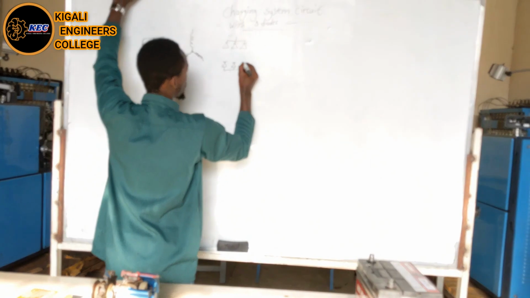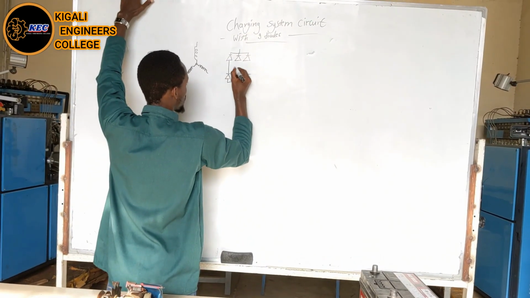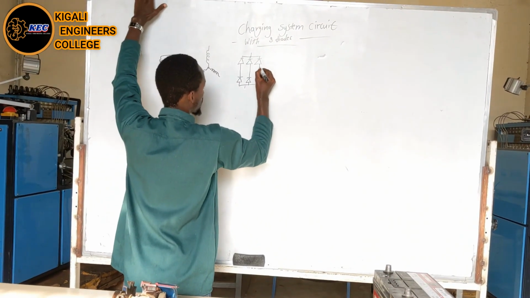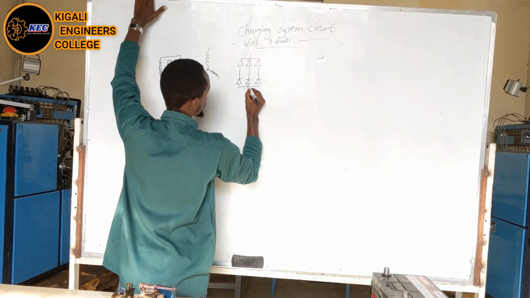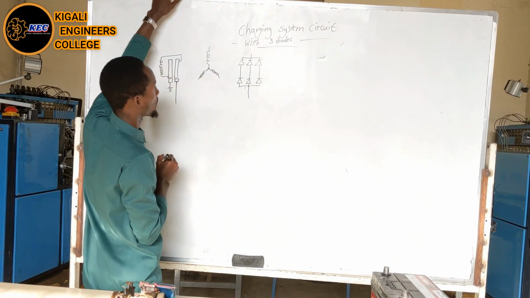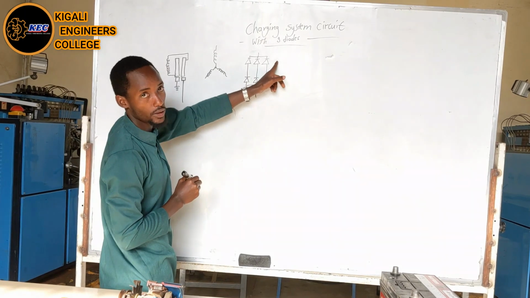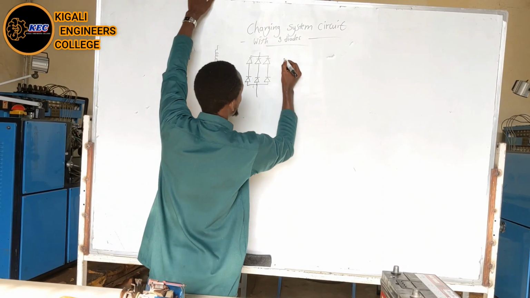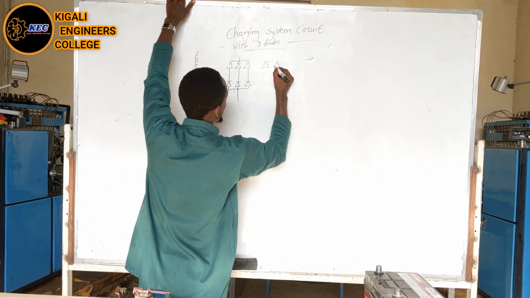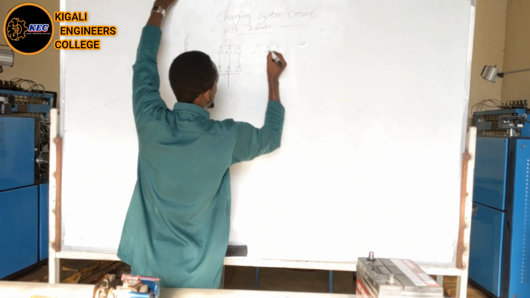And also we will see where this wire goes. So let's draw the excitation diodes. Those are the excitation diodes.